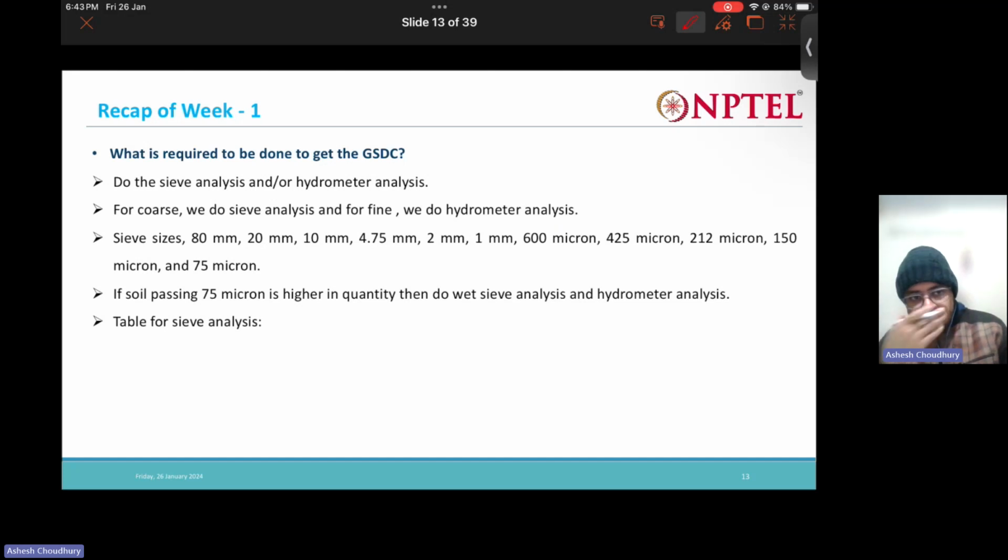All the sieve sizes are written here. If the soil passing through 75 micron is higher in quantity, that means a large amount of the soil fraction is smaller than 75 micron. Then we need to undergo wet sieve analysis and hydrometer analysis.